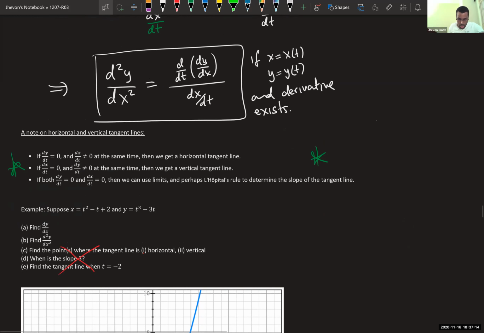Now here, I X'd this out because I didn't really want you wasting time on it, not because it's not important or I wouldn't expect you to know how to do this, but again, it's a very Calc 1 kind of thing. So I'm not going to do this example in class. I should really just say do on your own.